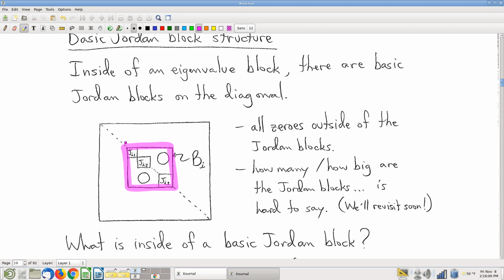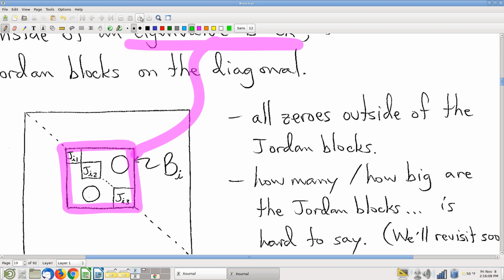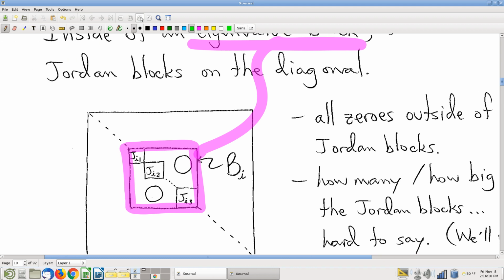Okay, so here's an eigenvalue block. What is inside of an eigenvalue block? And the answer is more blocks, which seems weird. More blocks also on the diagonal, namely with vertices on the diagonal. So there's blocks inside of blocks.